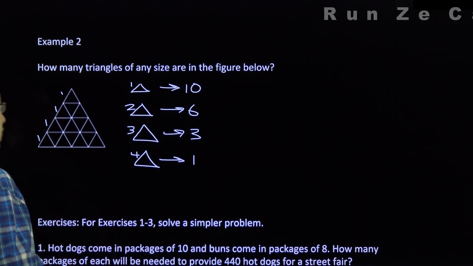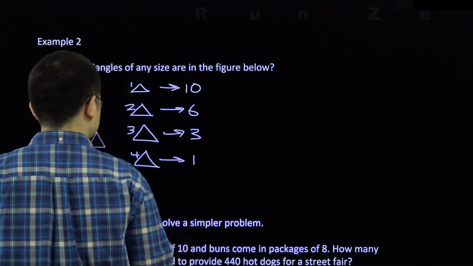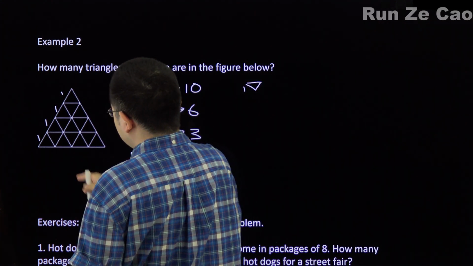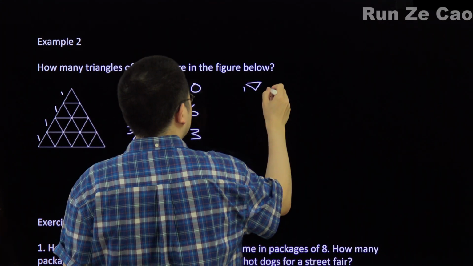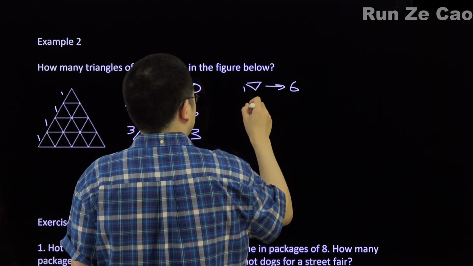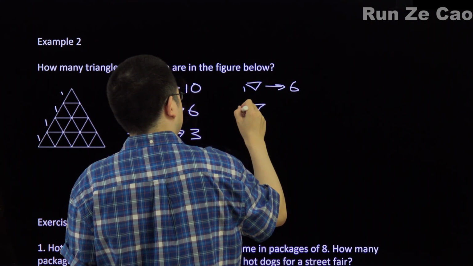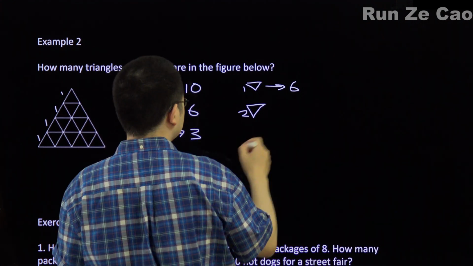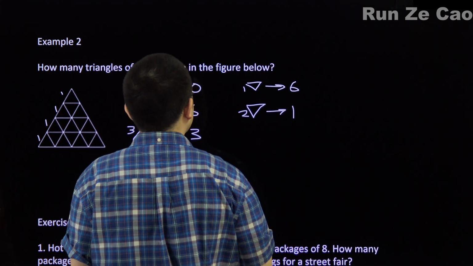But what about your downward pointing triangles? Downward with side length 1, you have 6. And downward with side length 2, you have just the one in the middle. 1.